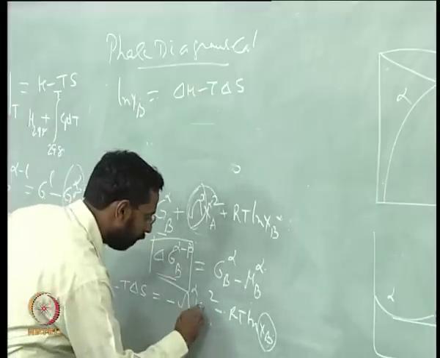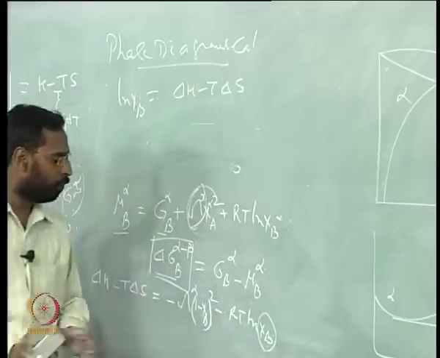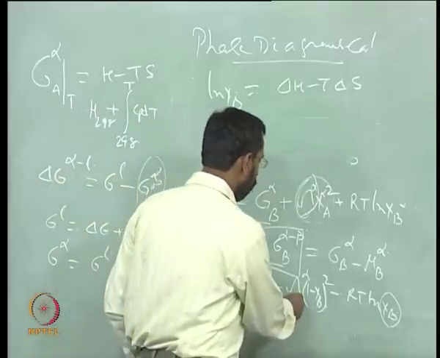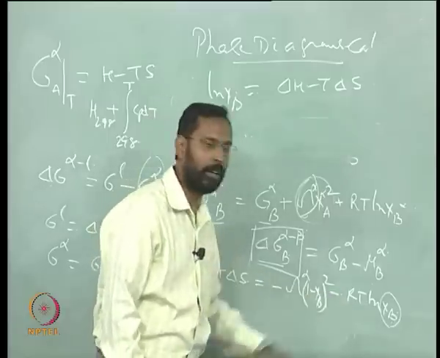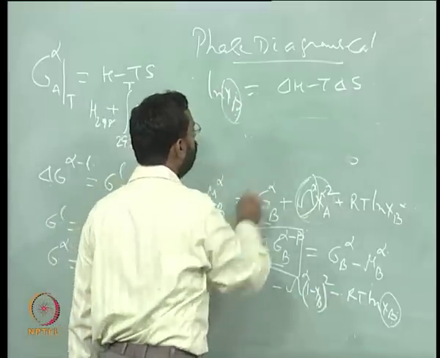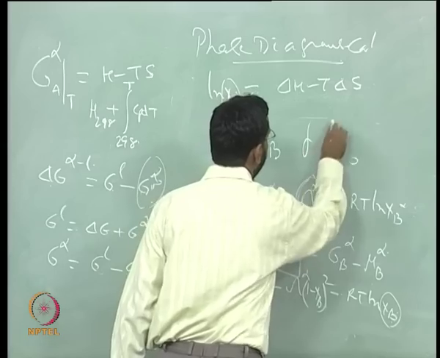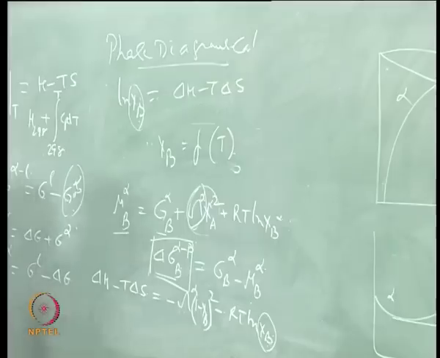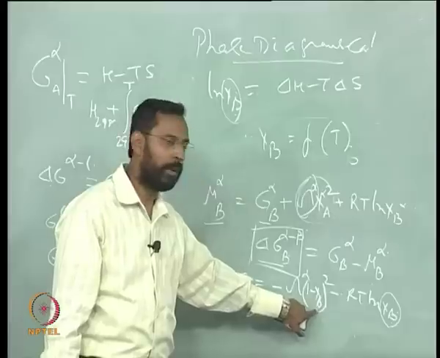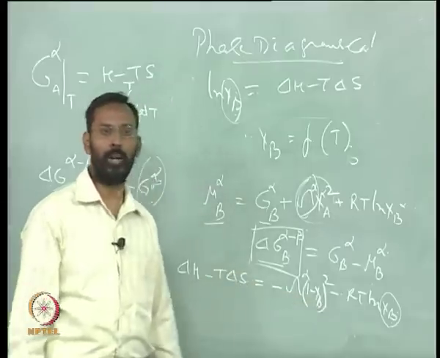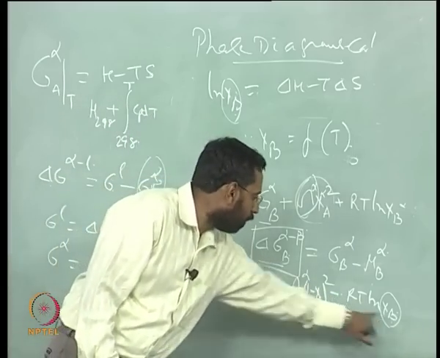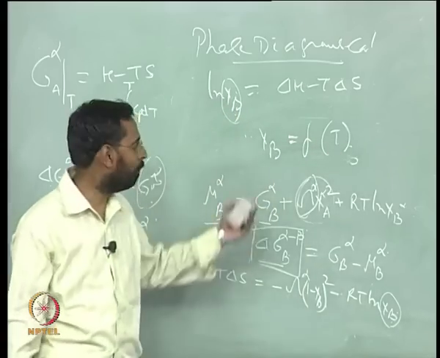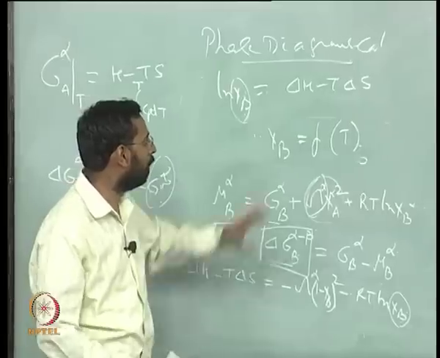Okay, so 1 minus xb whole square, if you write this, you will have the xb term coming here, and then that can be written in terms of the omega, and once you write it in terms of the omega, you can calculate how xb changes as a function of the temperature. So, in place of 1 minus xb square, you find out what is the xb and then see how this and this can be connected, and you can show how xb changes as a function of temperature. If you want, we can derive this at some stage, but you can go back and see how it can be derived.